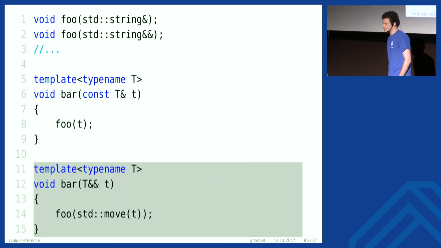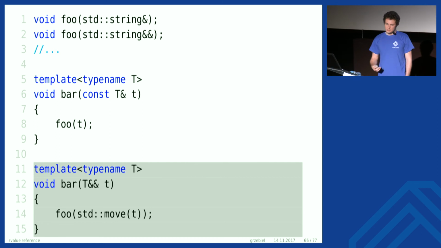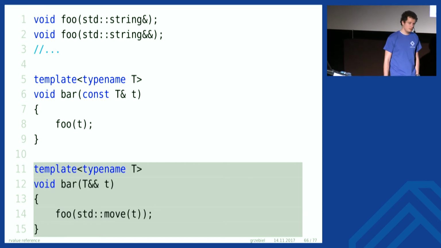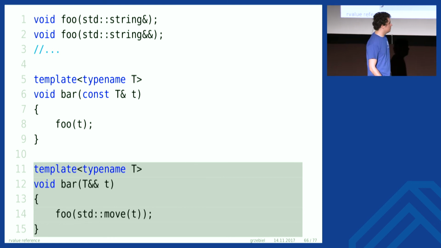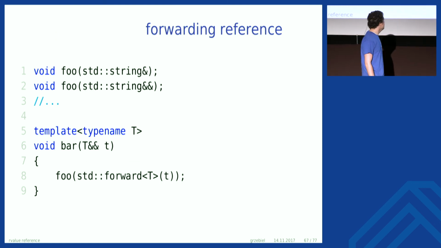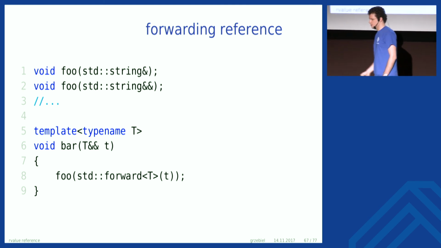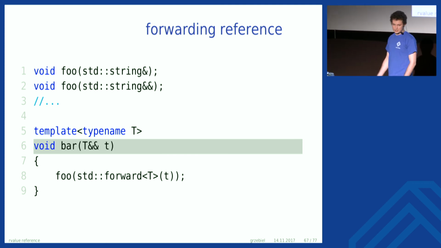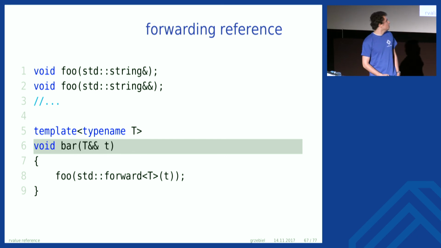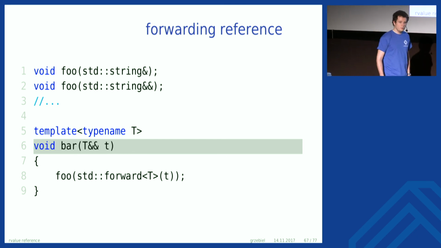Therefore, C++ introduced a nice feature to avoid such code duplication. It is not called this way directly in the standard, but we used to call it forwarding reference. So every time we have template type deduction and a double ampersand, which looks like an R-value reference, we actually get a forwarding reference.